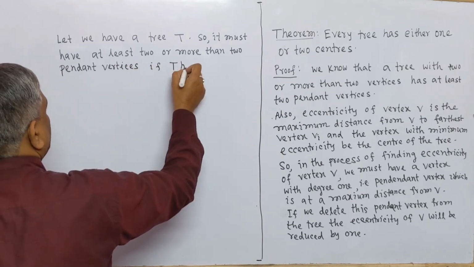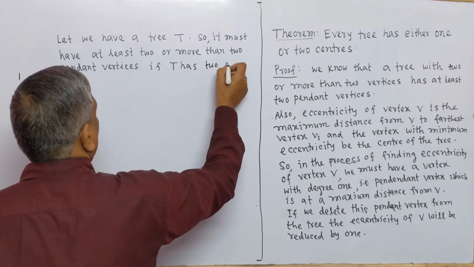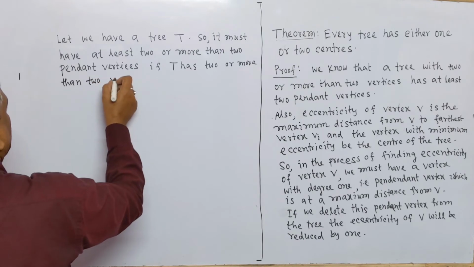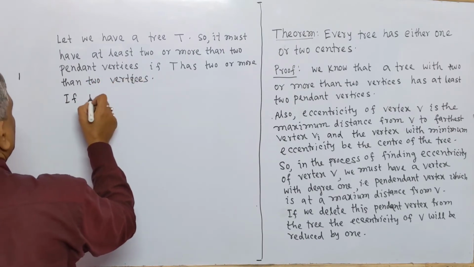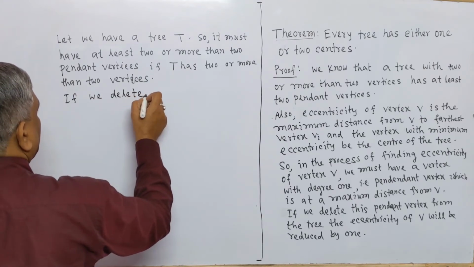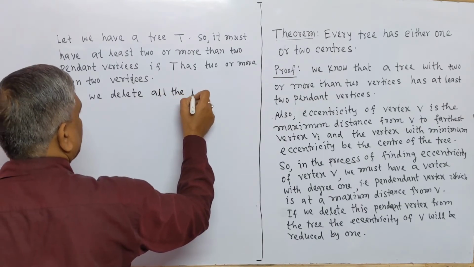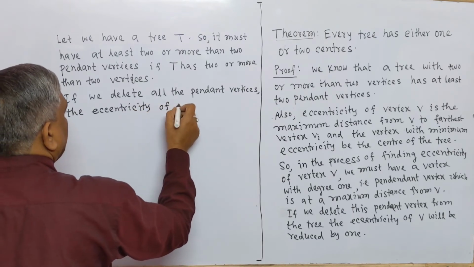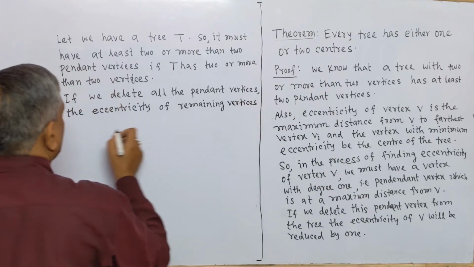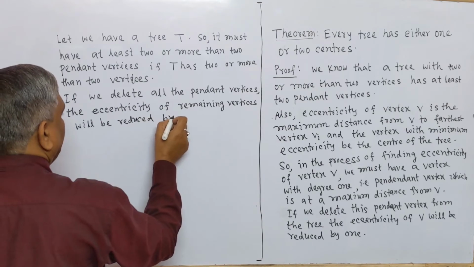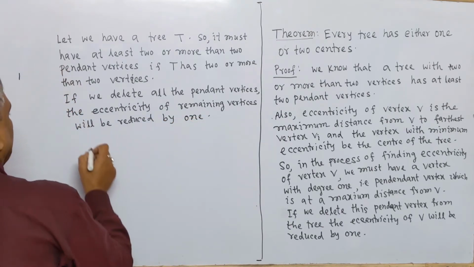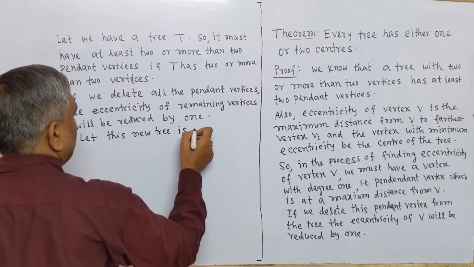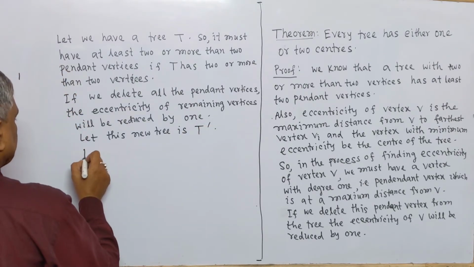If T has 2 or more than 2 vertices, if we delete all the pendant vertices, the eccentricity of remaining vertices will be reduced by 1. Let this new tree is T prime.